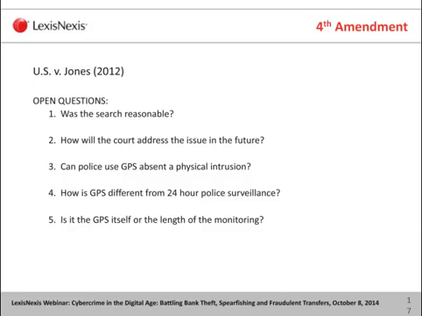So if the government gets information from somebody else and then uses that against you, criminally speaking, that's not going to stop them. You're not going to be able to suppress that information. As long as they're not working in cahoots with the government, they can go to other people and get information about you and use that to prosecute you.